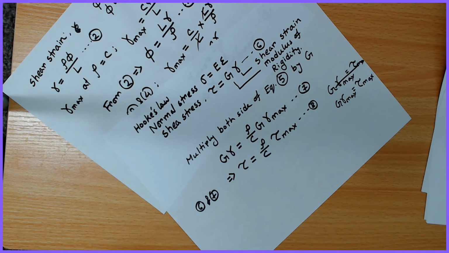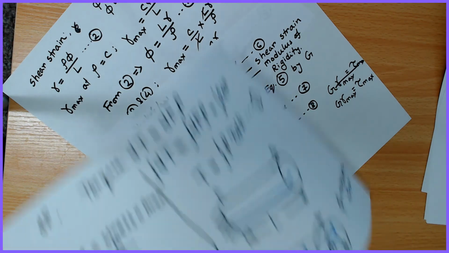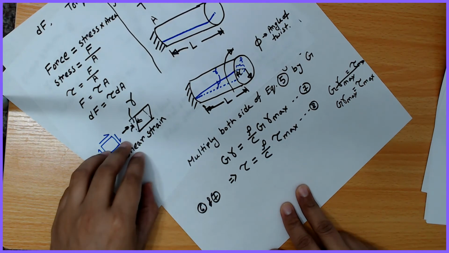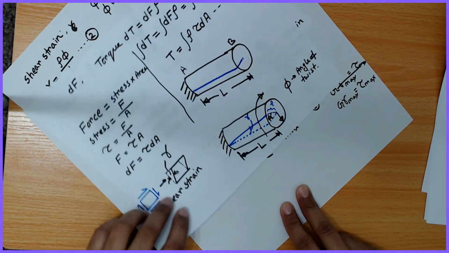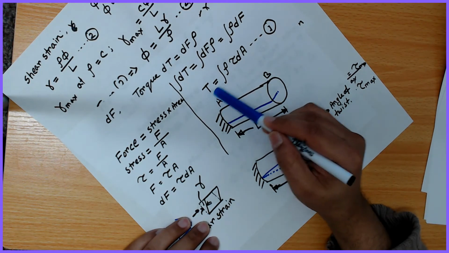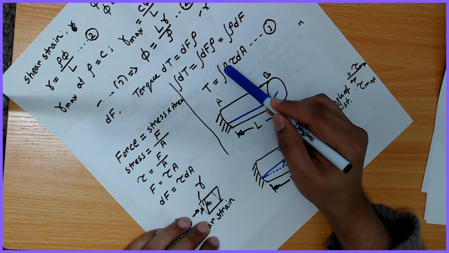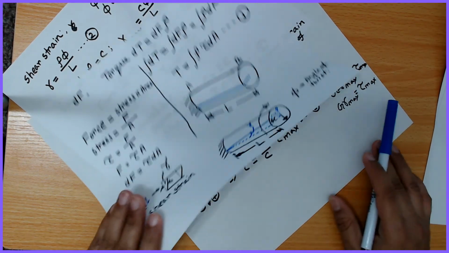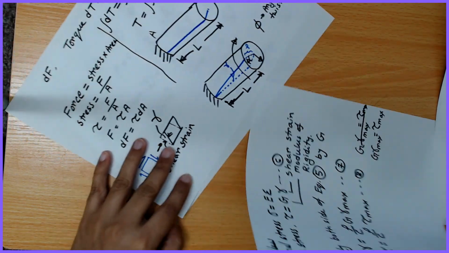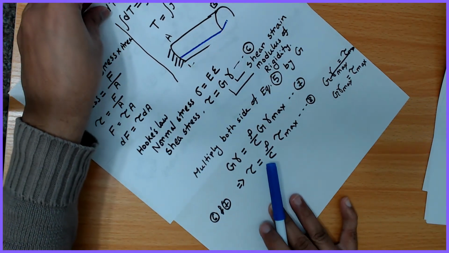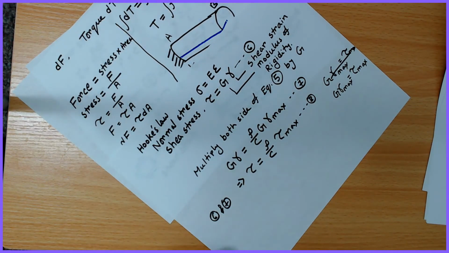Now let's recall equation number 1. Remember equation number 1, we said torque equal to integration of rho tau dA.